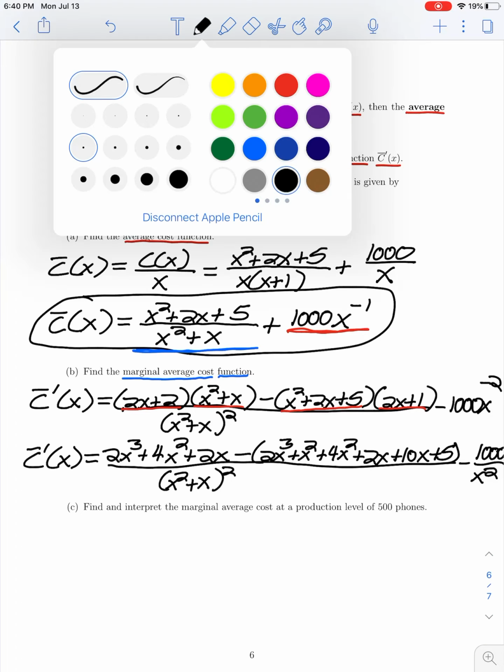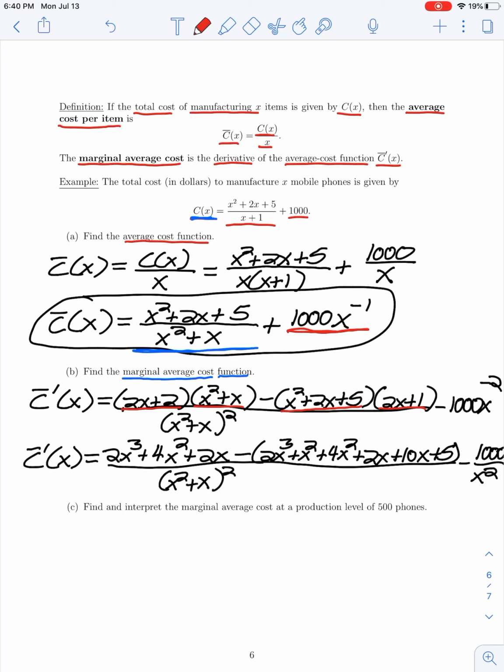So in our last step, if we simplify the numerator, let's group like terms according to the power of x. So we see that we would have a 2x cubed minus 2x cubed will cancel. I had a 4x squared, and then I'm subtracting a 4x squared, so these terms will cancel. And I had a 2x, and I'm then subtracting 2x, so those terms cancel.